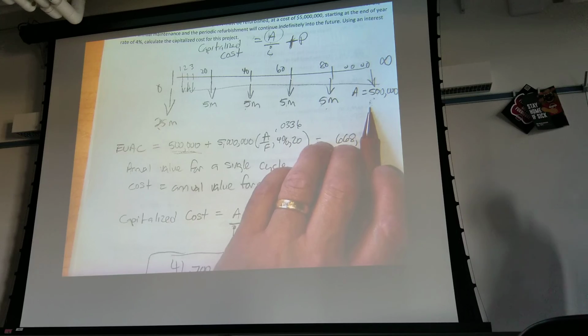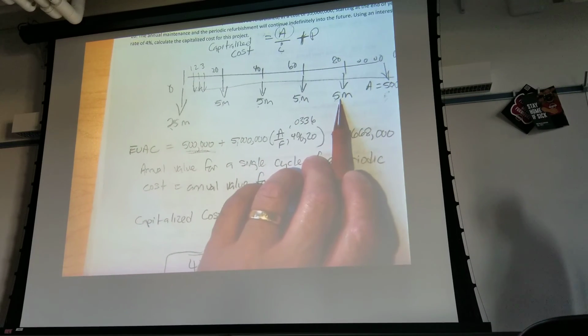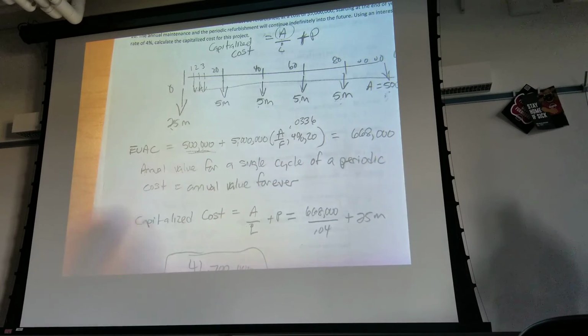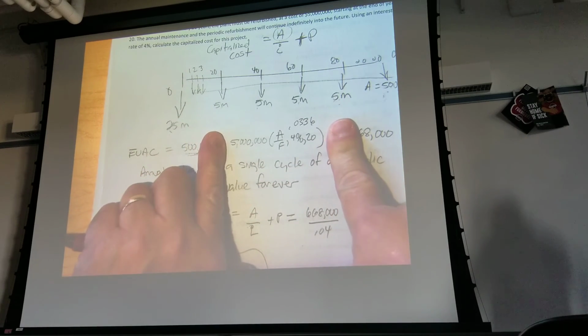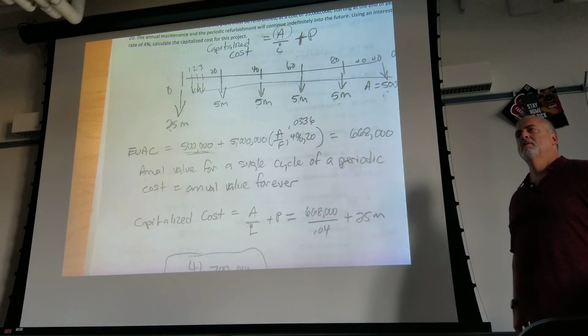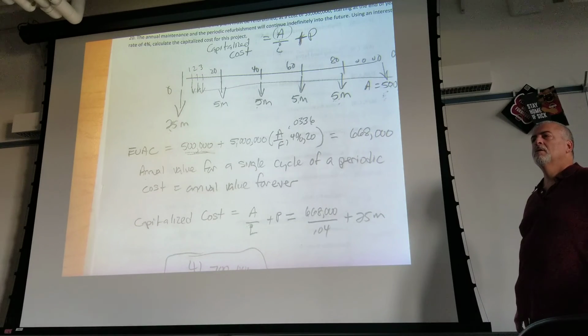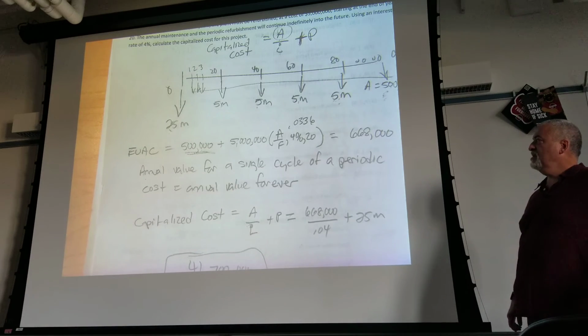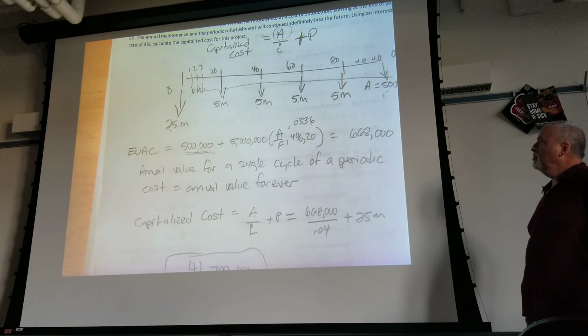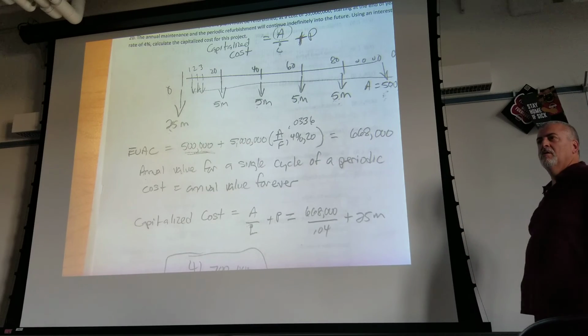Okay. But the 5 million is only once every 20 years, starting at year 20. So that's why we did that part right there. Okay. So when we're finding EUAC, EUAC is the annual equivalent. So it's $668,000 every year.